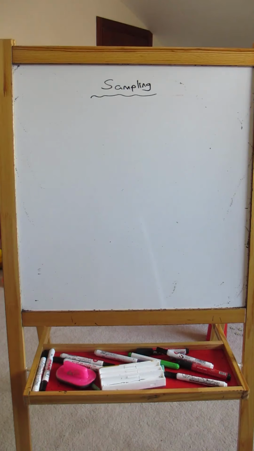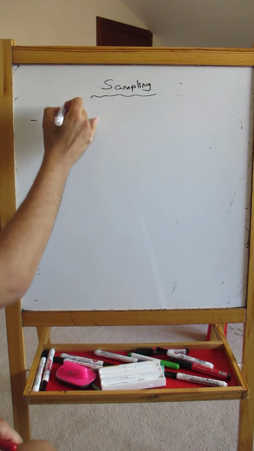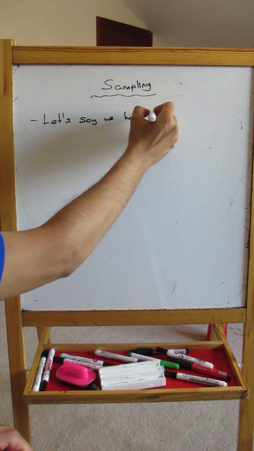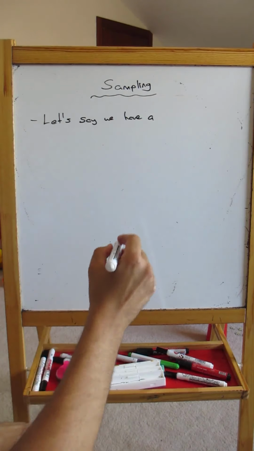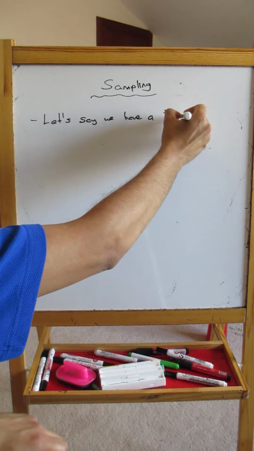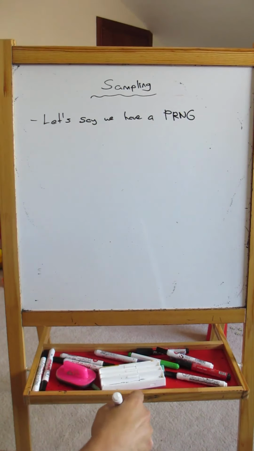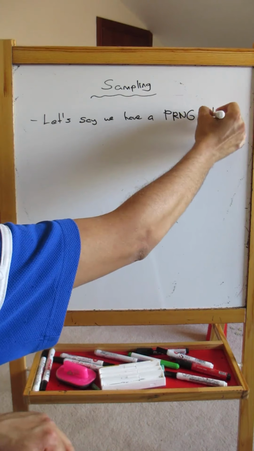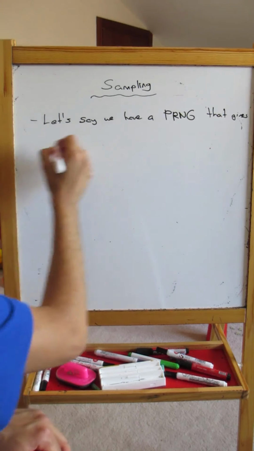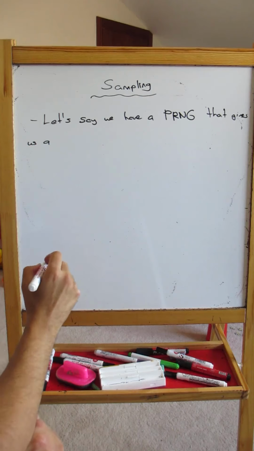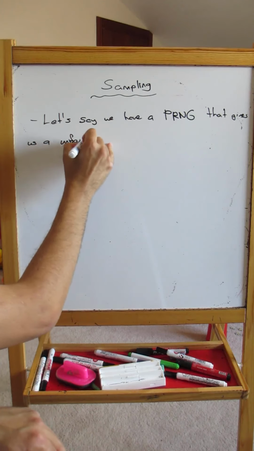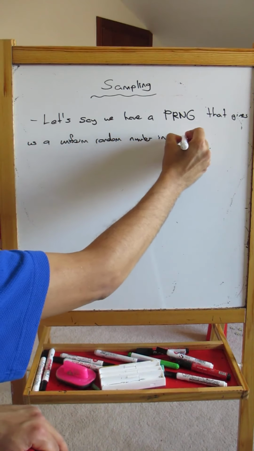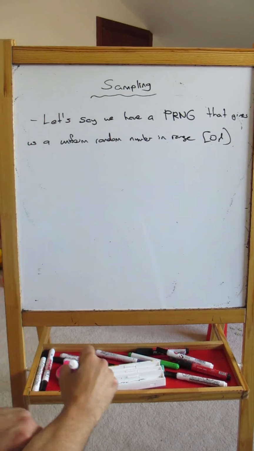Okay, so let's say we have a pseudo random number generator, PRNG, that gives us a uniform random number in range 0 to 1.